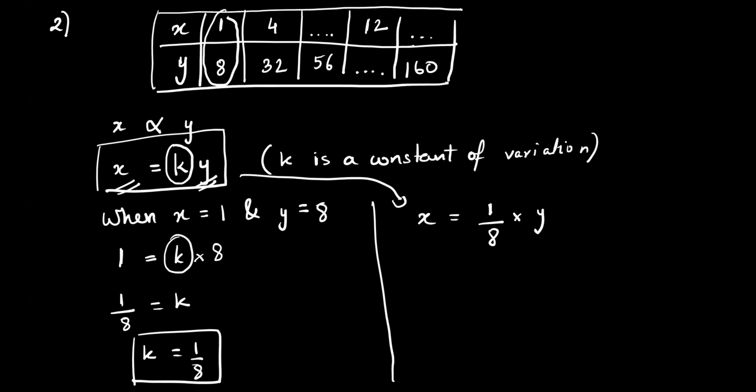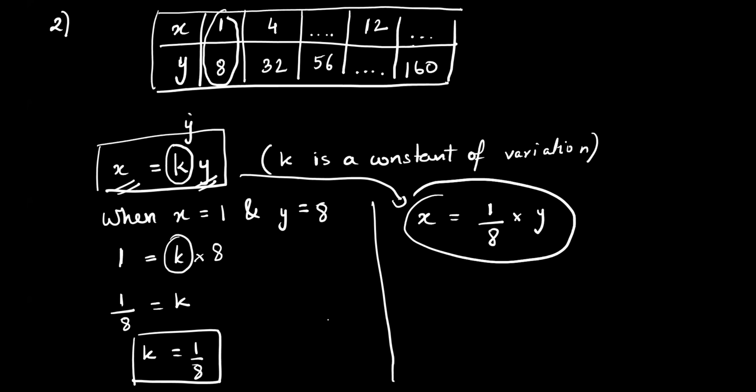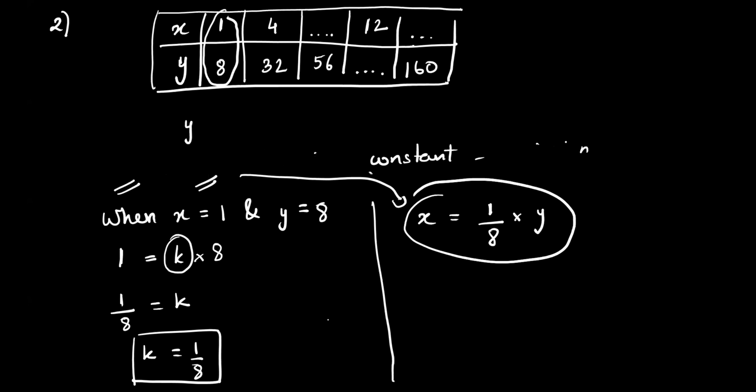Because ahead, in every sum, you are going to tell me, okay? Okay. So now this equation will help us to solve every sum in the remaining part. So I'm erasing the other part. Now I hope everybody has written it down.